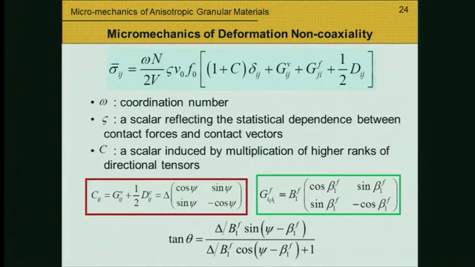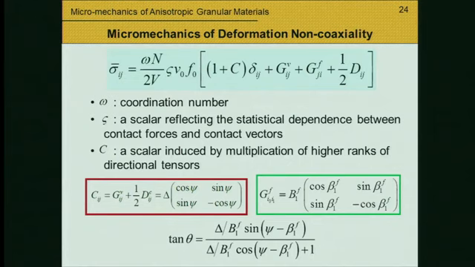So now this term gives us the deviatoric stress tensor, and we can determine its direction. So this expression gives us the direction of the stress tensor, which actually only has two influential parameters. One is the relative magnitude, the ratio of magnitude of these two deviatoric tensors. The other is the difference between their directions.